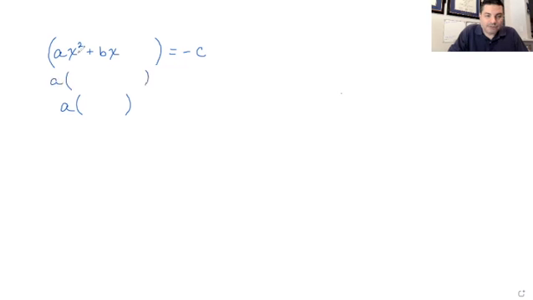When I factor out that a out of all of these, I'm going to get x squared plus, well, I can't really factor out an a, but I can divide by a. I'm going to get b over a x. All right? Now, this thing inside the parentheses is what I'm going to make my perfect square trinomial.